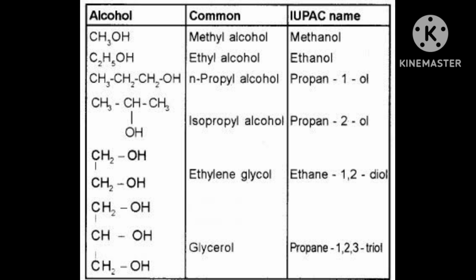You have not removed anything; the full alkane name, ethane, is written, and after that 1,2-diol, because OH is attached to both carbons. You can start numbering from either one, 1 and 2. Only two carbons are there, hence the name will be ethane 1,2-diol.